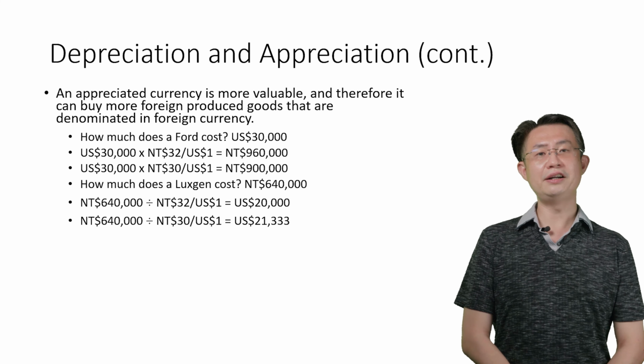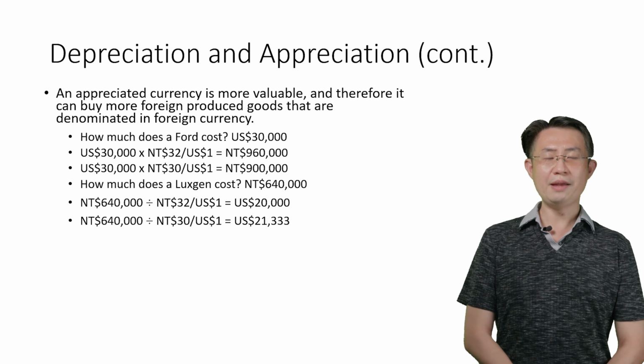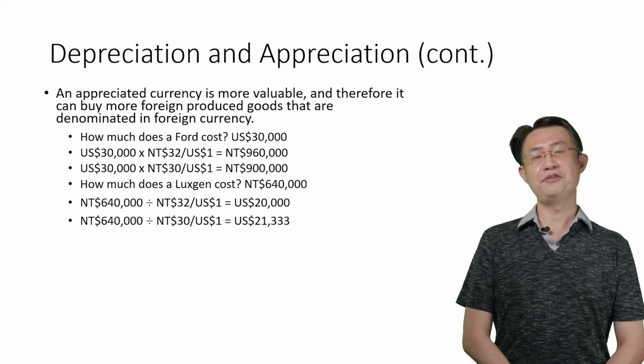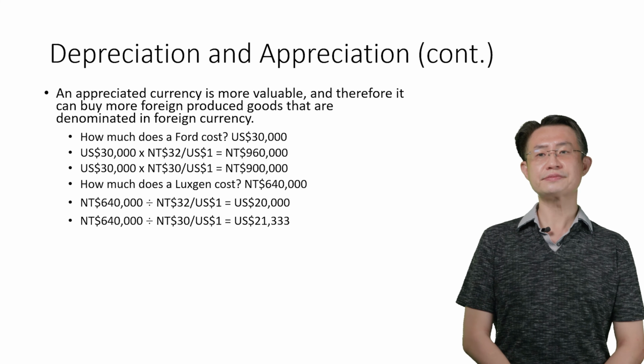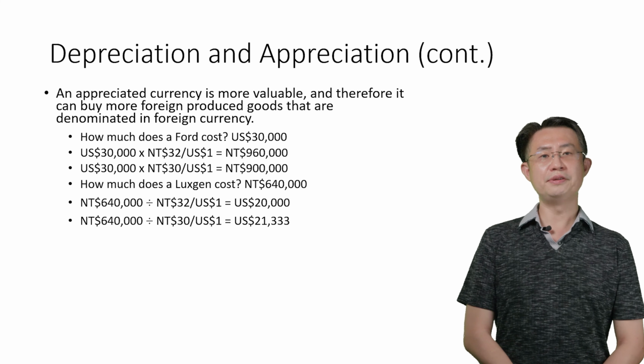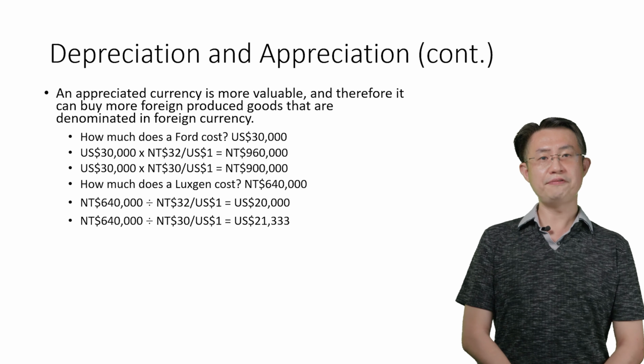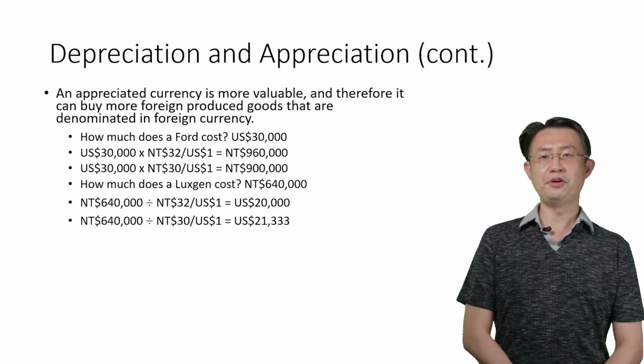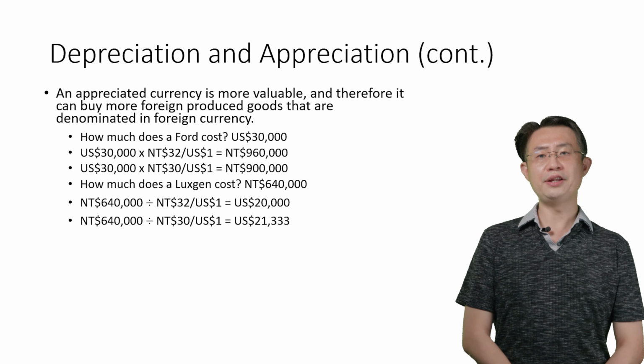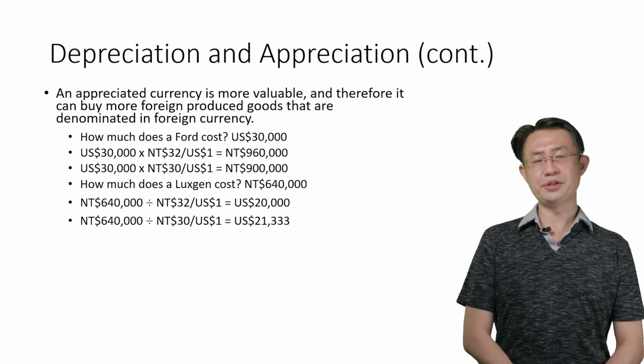At the same time, the Taiwan dollar appreciates. What happened to the price of exports for the Americans? As you can see, 640,000 NT dollars can be exchanged for 21,333 US dollars.